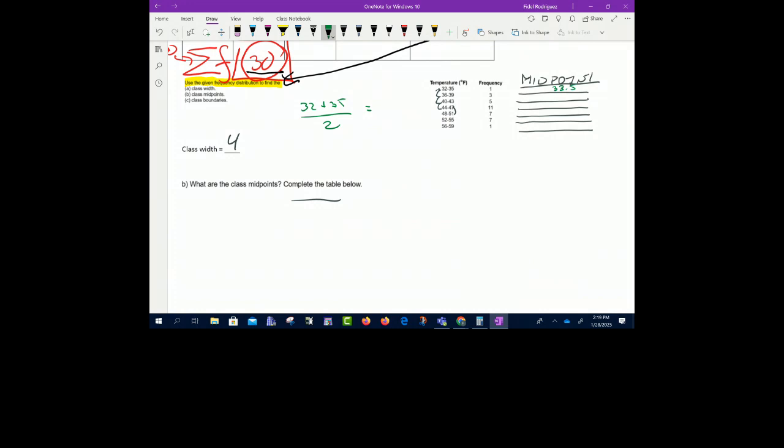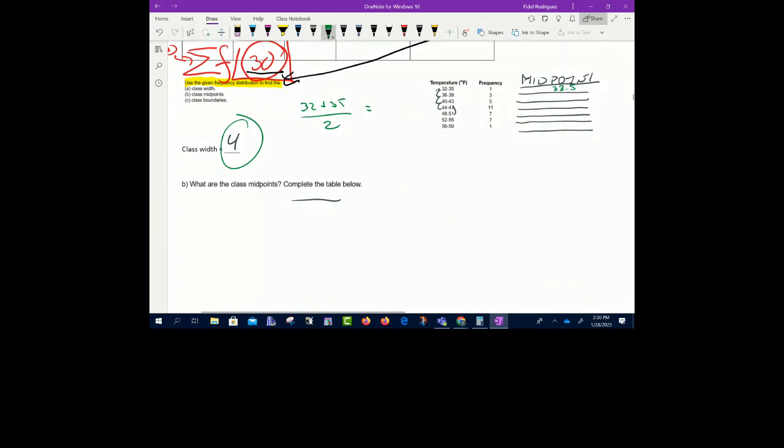Remember how we can find the next midpoint. We can take 36 and add 39 and divide by 2. Or if we already know that our class width is 4, we can just continue to add 4 to the first midpoint.